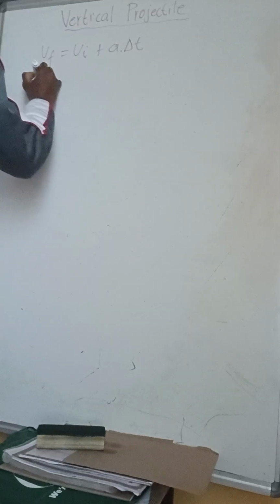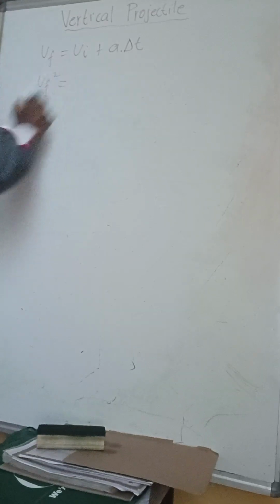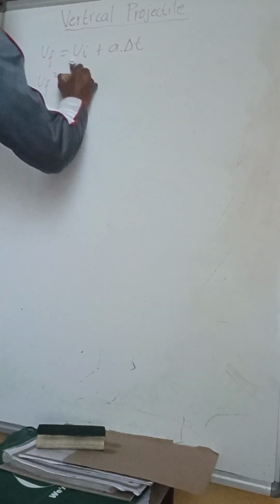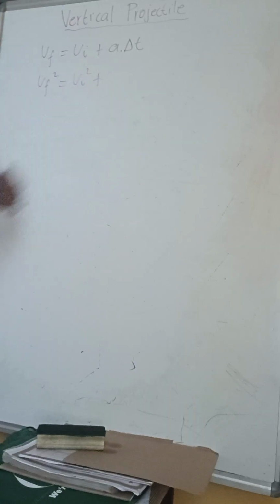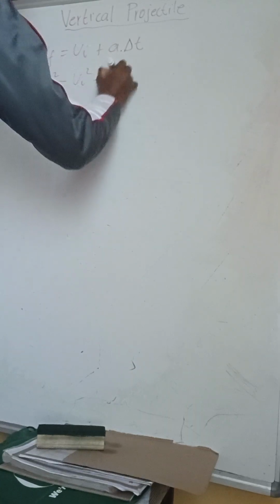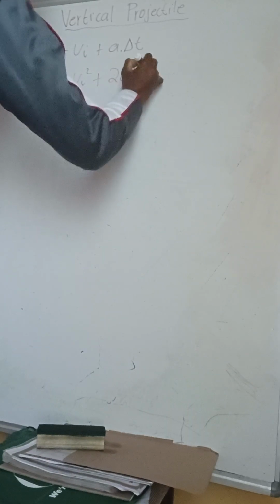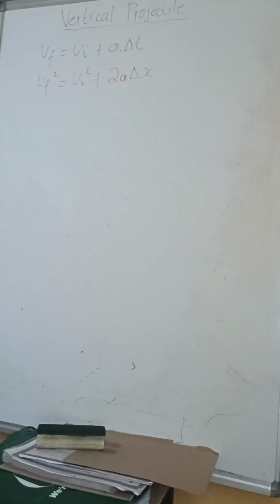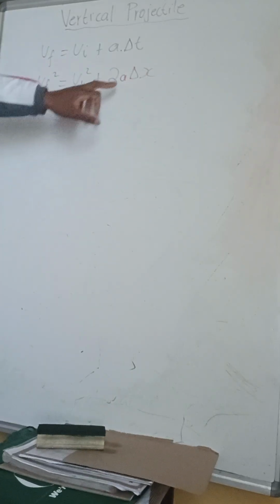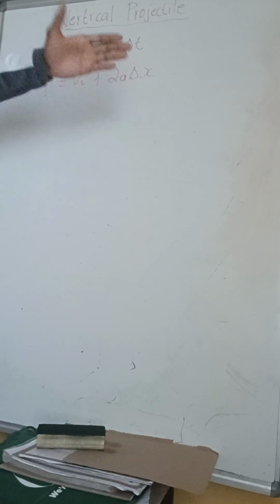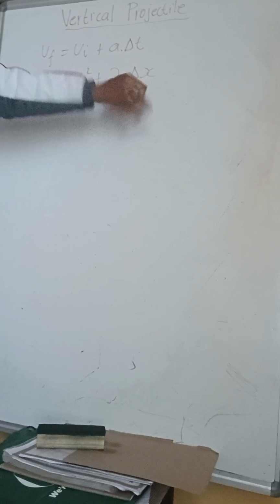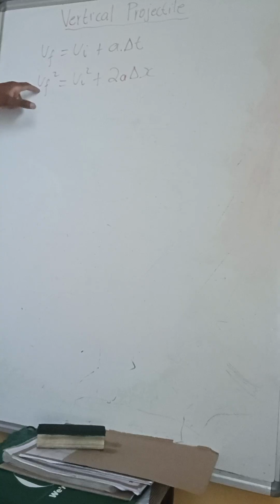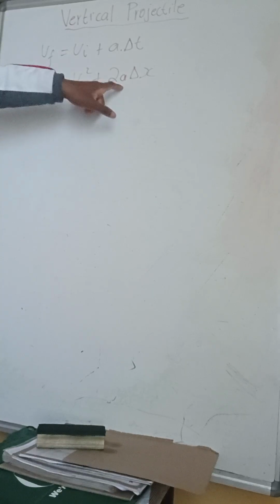The second one is Vf squared is equal to Vi squared plus 2A delta x. This formula you only use when they are asking you to calculate displacement and they have given you final and initial velocity and also acceleration.